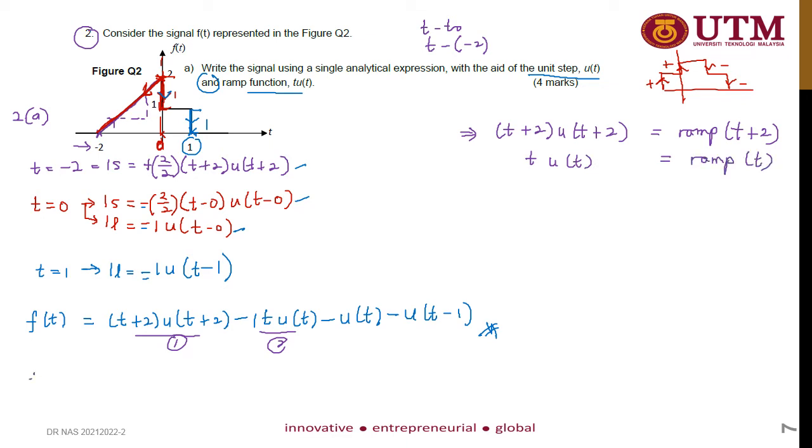Therefore, your f(t) is equal to ramp(t + 2) minus ramp(t) minus u(t) minus u(t - 1). If you've done this way, you will get straight away 4 marks in total.